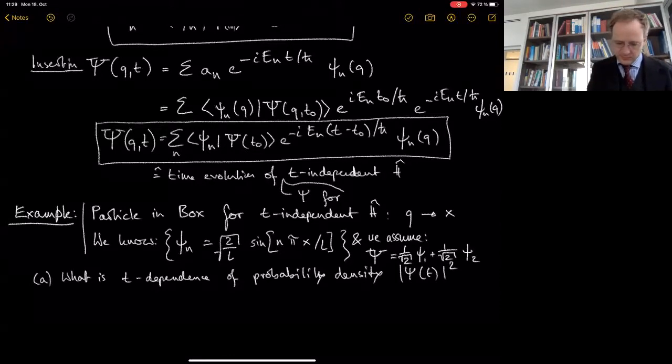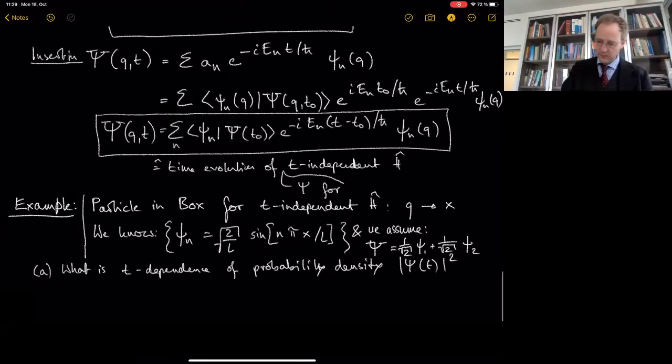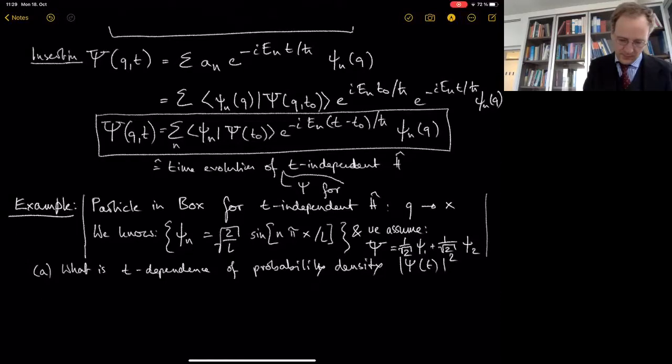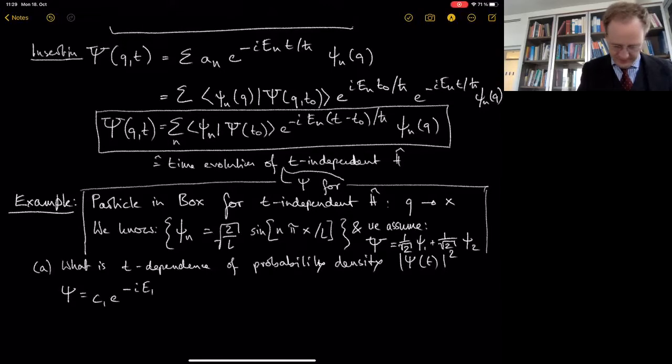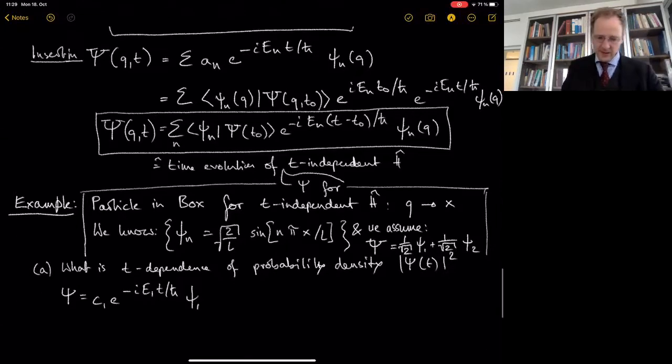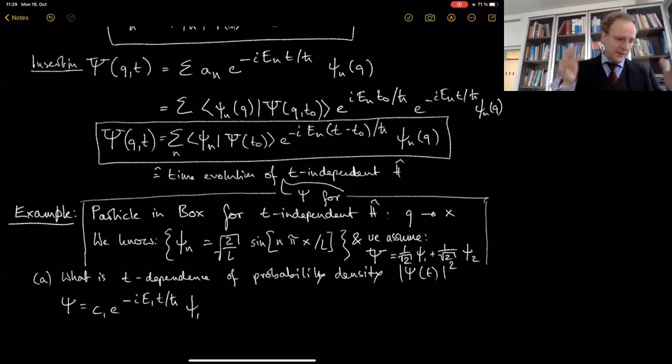Okay. So given that psi, what is now the time dependency, right? We write this psi as C1 e to the minus i E1 t over h bar psi 1. Okay. So I call this C1. Above we called it A, but it doesn't really matter. That's our coefficient here.